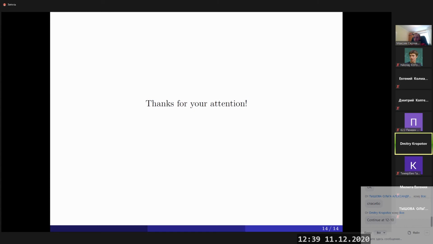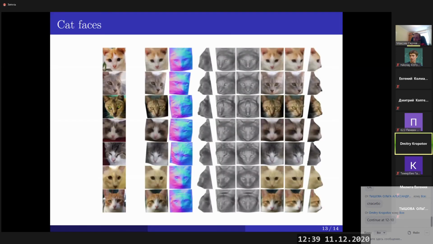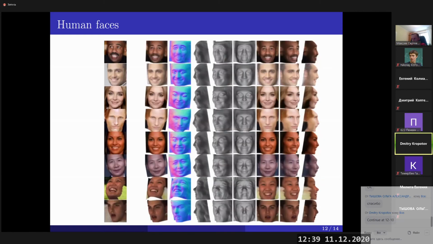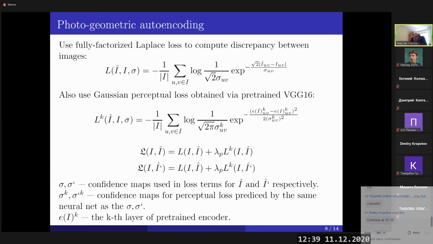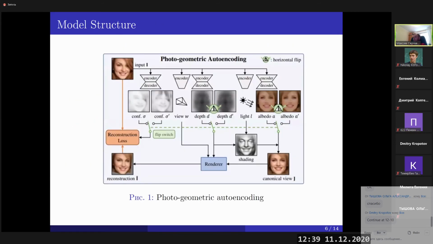Okay, thank you. Once again, a question about training data set. How do they actually estimate the true albedo images? Estimate what? True albedo images, reflections. So they use as a data set like CelebA.